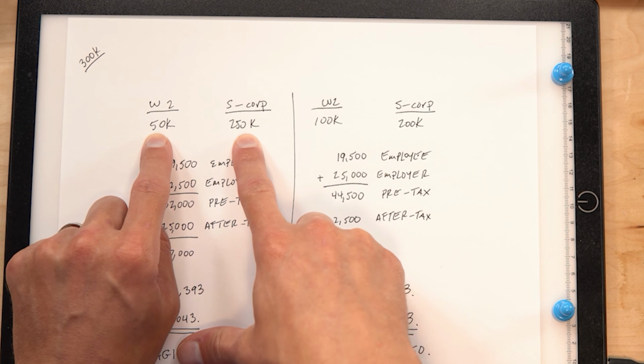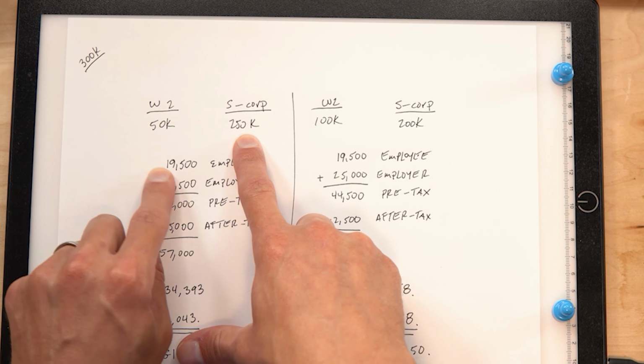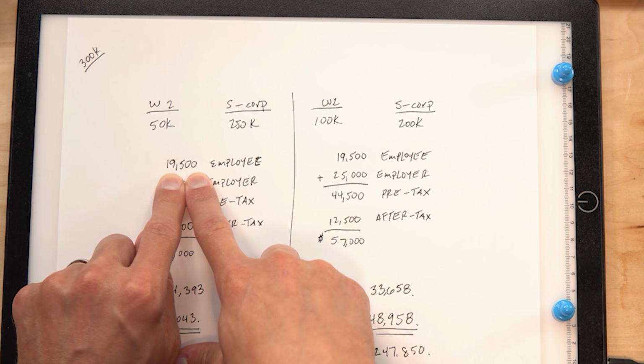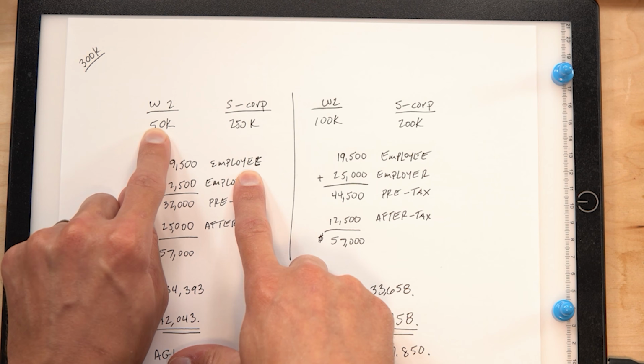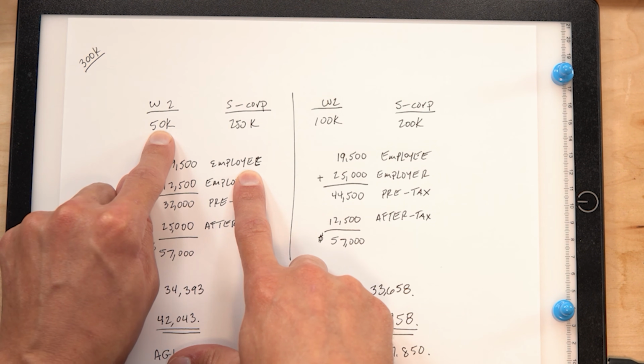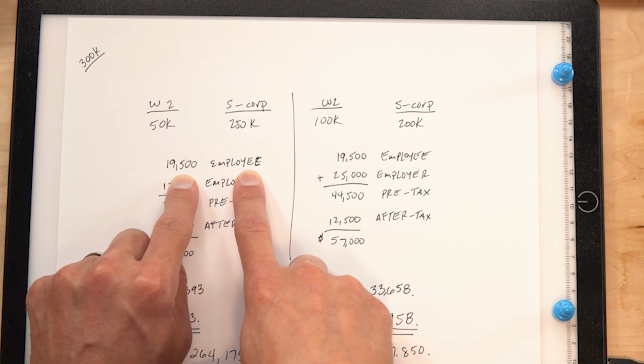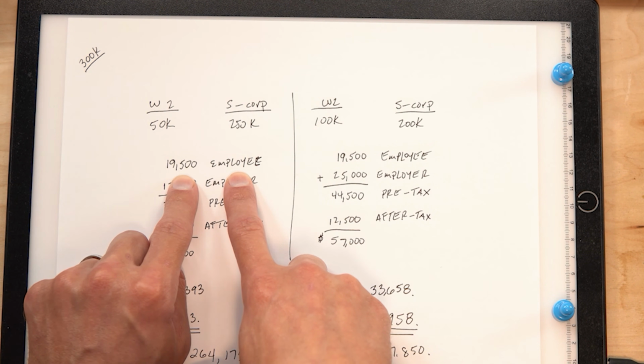Now, in this example, I'm going to assume a solo 401k, and we can save up to $19,500 as the employee, which comes from this side. So the $50,000, as far as the federal taxes go, is reduced by $19,500. But what doesn't get reduced here is your FICA taxes.